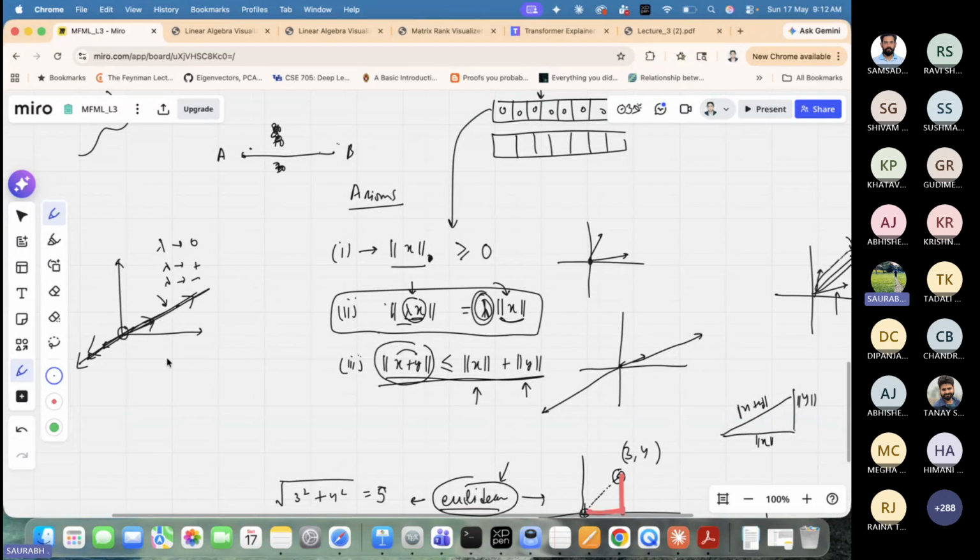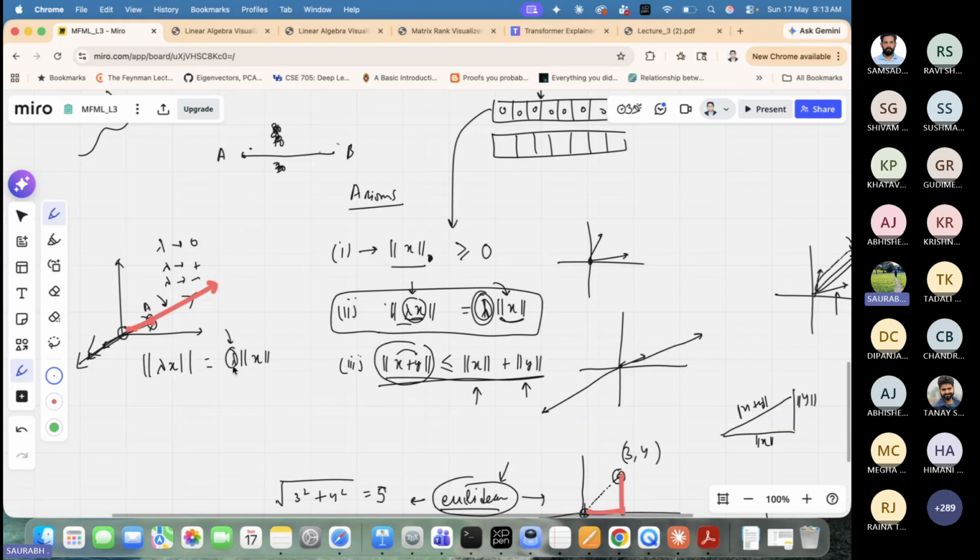Now, if you scale a vector, and let's say this particular vector was A, this is where it was initially, then it might have moved to a new point. Because the vector has moved to a new point, the length would have changed. So the length of the scaled vector is nothing but the length of the initial vector scaled. A scalar itself doesn't have any length.